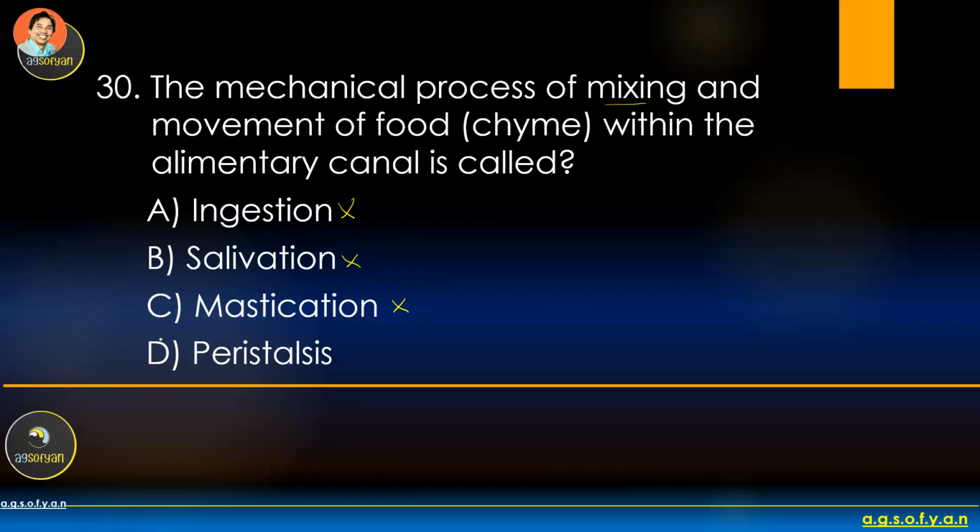Of course, the only answer left is peristalsis. So peristalsis is the process of mixing and movement of food within the alimentary canal. And this process is done by smooth muscle, or the muscularis layer of the alimentary canal.